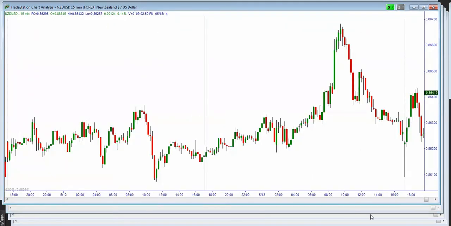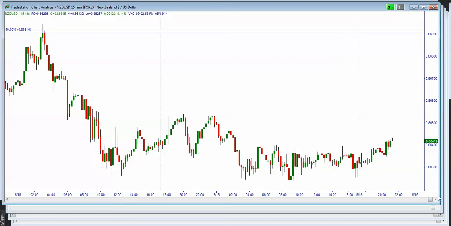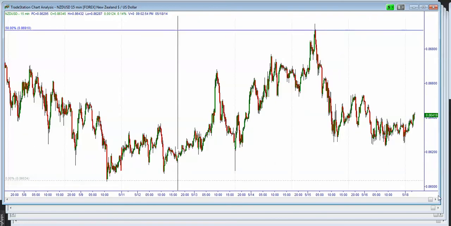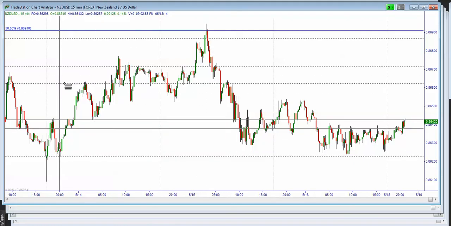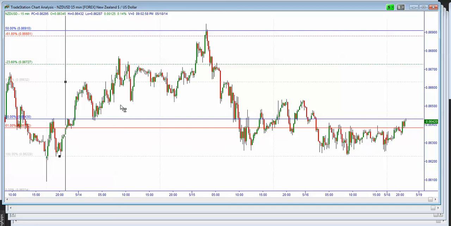But the best information we get is when we study the sequence of measure move higher here, and before we got into that area of support, we saw price moving into the first target here.